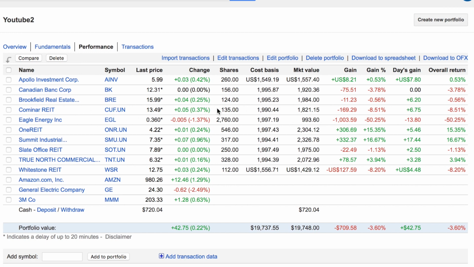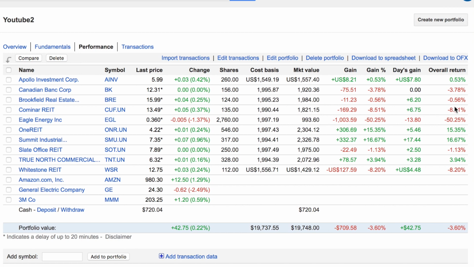Subsequently, we'll do Common Air REIT, currently trading $13.49, gone up 5 cents. So 5 cents increase times the 135 shares that we have, that gives us our $6.75 increase for the day. The overall gain or loss in this case is the original market price or the cost basis of $19.90, and then the today's value, the market value, is $18.21, is minus $169.